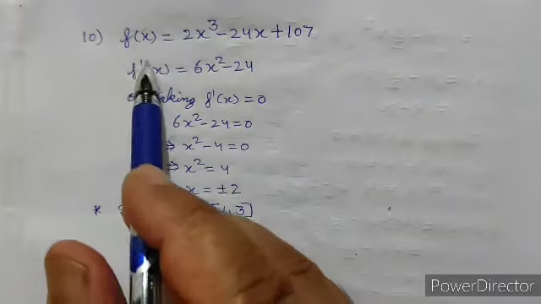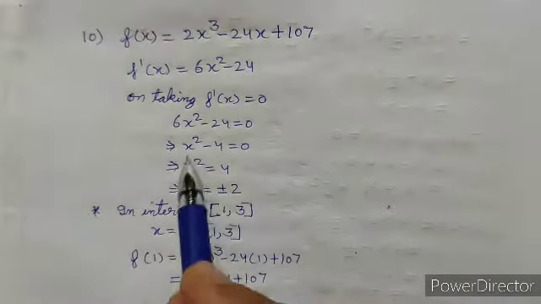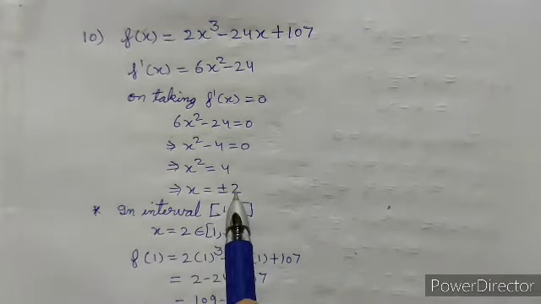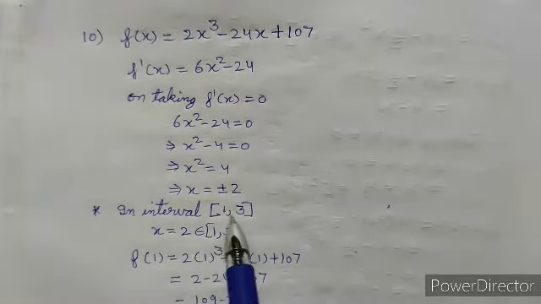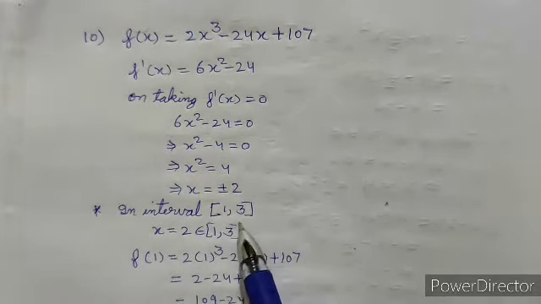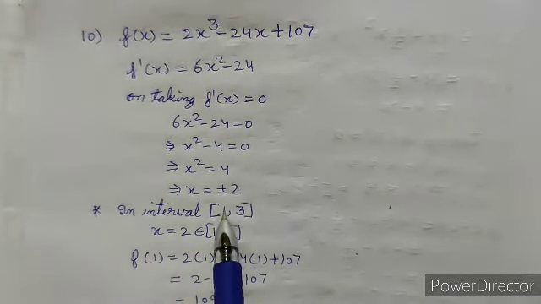Now in the second step we will take f dash x equal to 0, and this gives us the value of x as plus minus 2. Now we have to find the maximum and minimum value of the function in the interval 1 to 3 and minus 3 to minus 1. First of all we will find in the interval from 1 to 3.